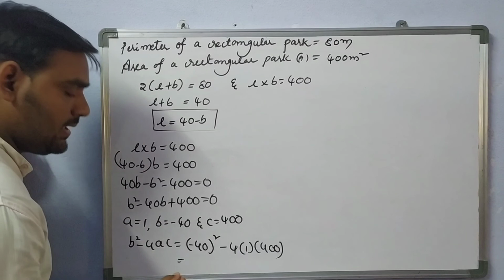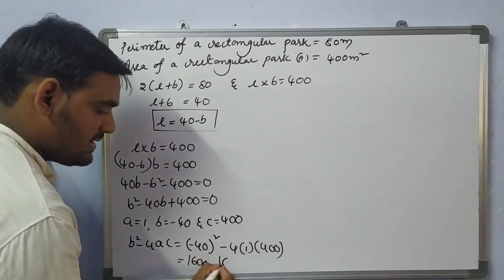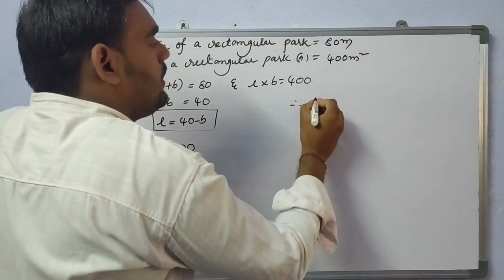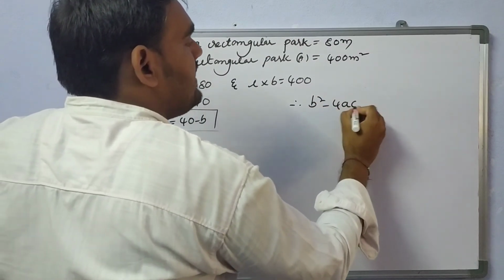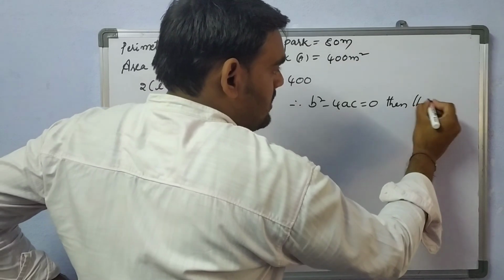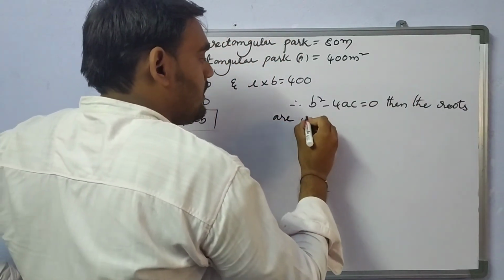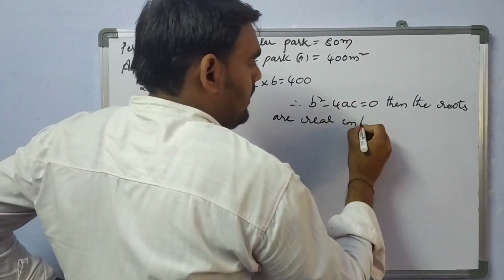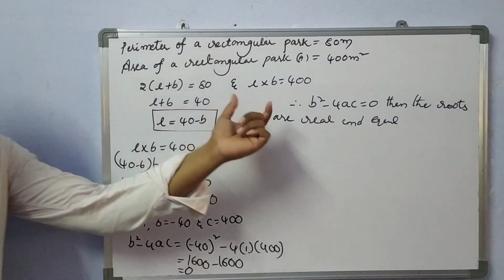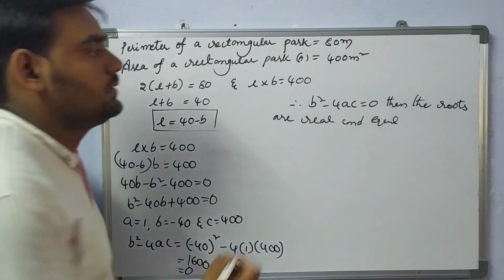So 40 into 40 is 1600, minus 4 into 400, which is 1600. So we are getting 0. Therefore, B square minus 4AC is equal to 0, then the roots are real and equal.